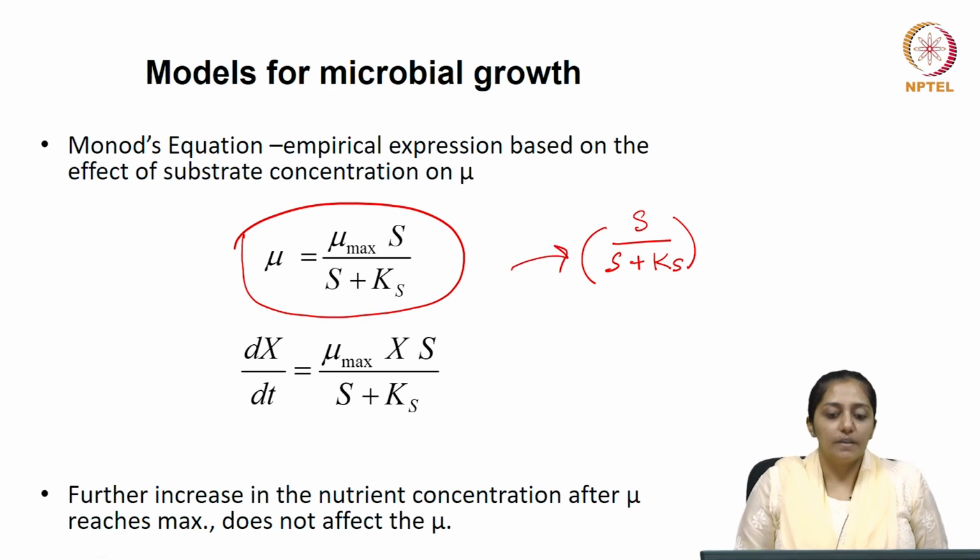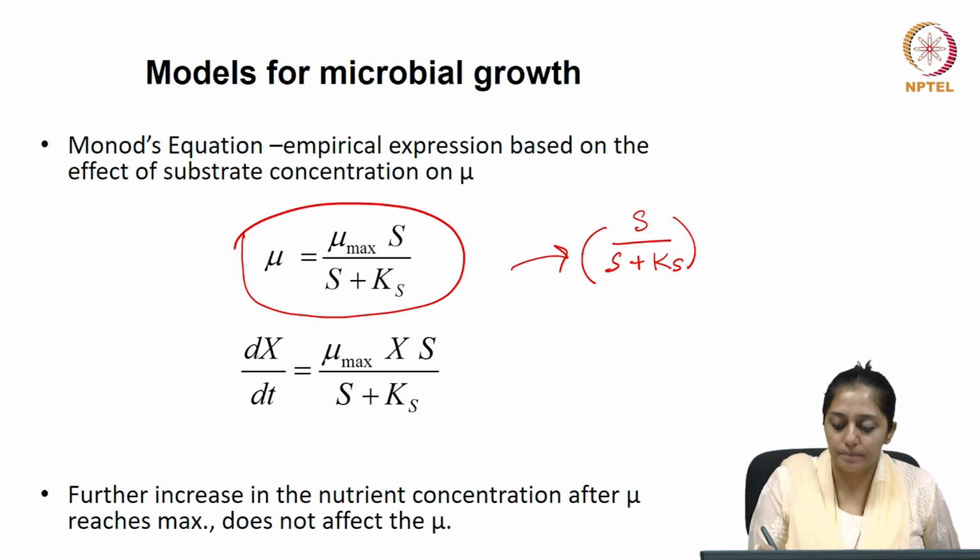If you decipher this equation, one can make out clearly that the culture will continue to grow at its maximum specific growth rate as long as S is in excess. Which means you can see as S tends towards infinity, your mu will tend towards mu max.